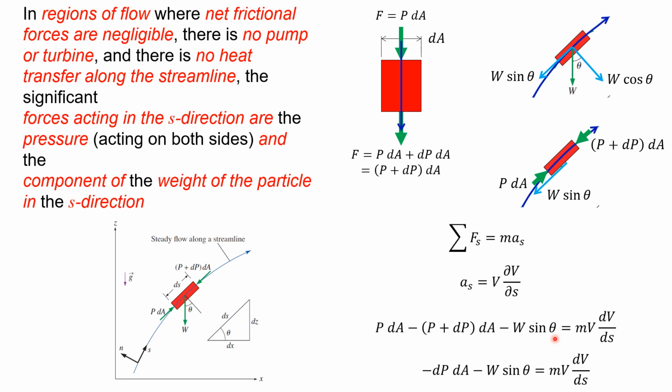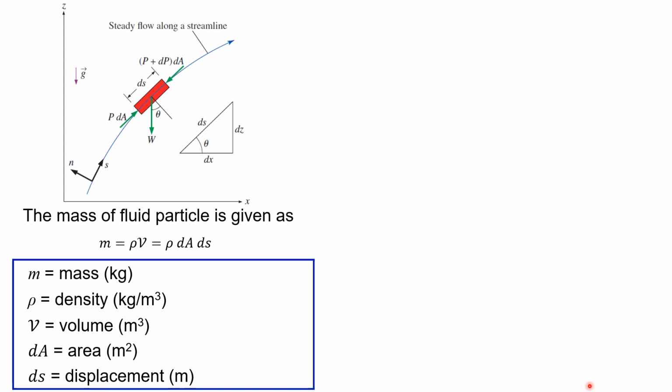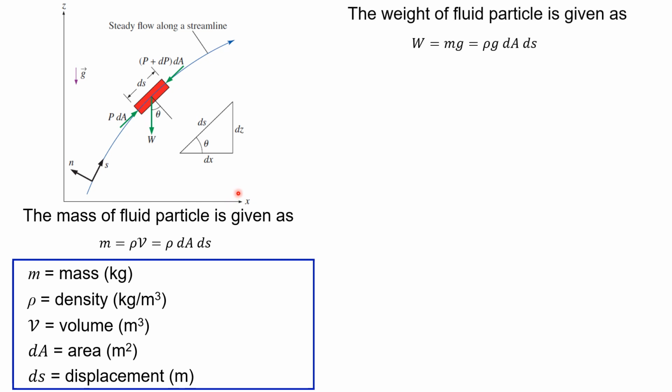After you solve, at the end you will get this formula. We know the mass of the fluid particle is given as m equals rho V, where V is the volume, or we can take rho dA ds.